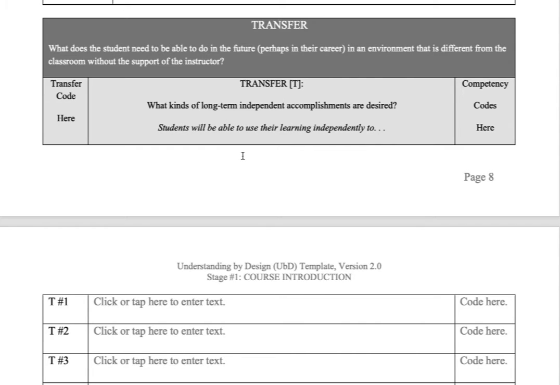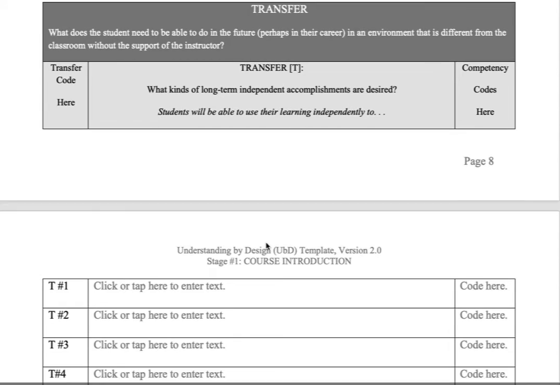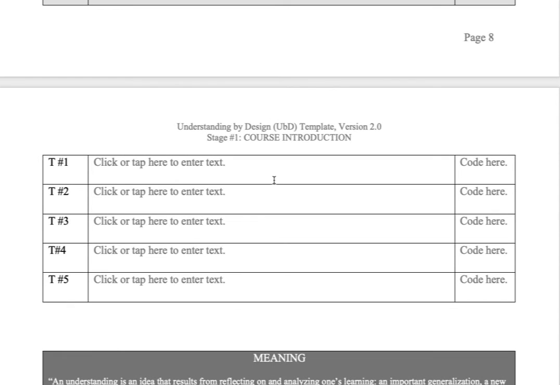So for instance, in Algebra 1, I have mathematical practice standards that fit the definition of transfer. So I may include some transfer statements such as make sense of problems and persevere in solving them.